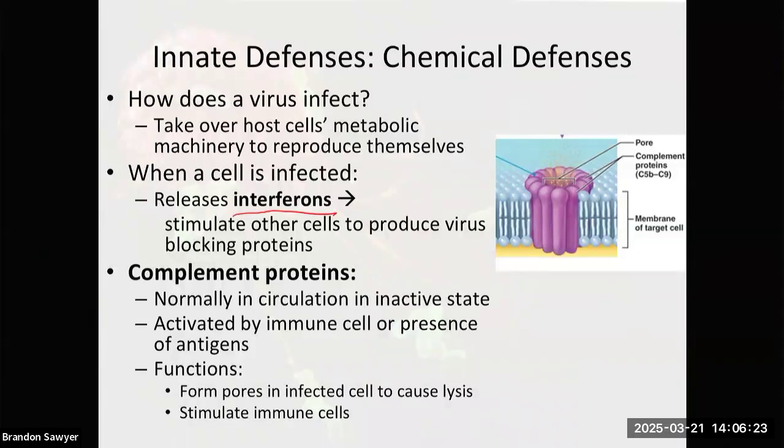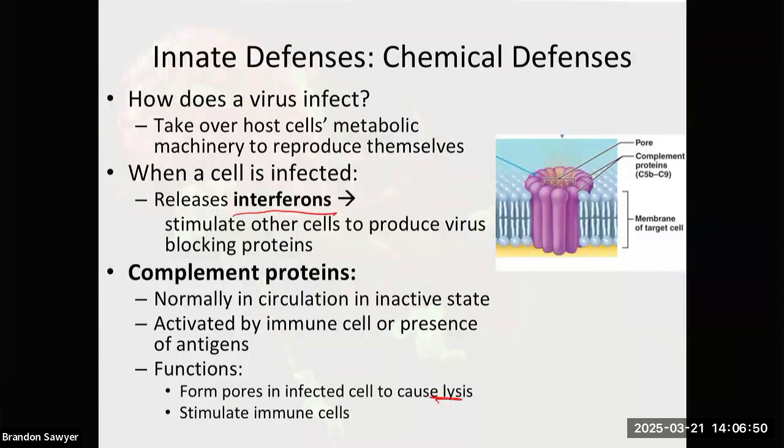They form these little complement protein pores, and they start poking holes in cells in that area, so much so that cell bursts and gets destroyed. Okay, so that's one of the effects, is causing cell lysis, but then also activating our complement proteins will also cause just activation of the whole immune system.